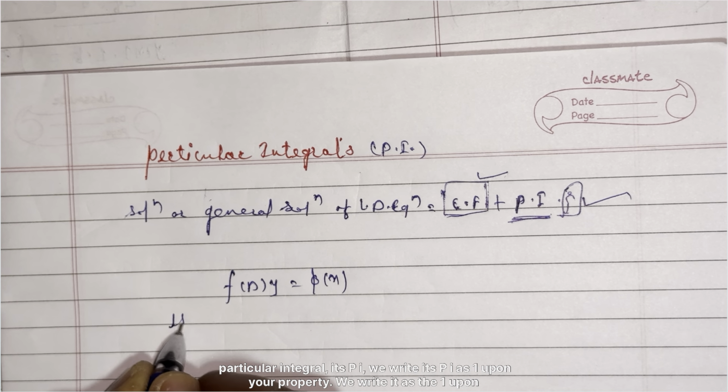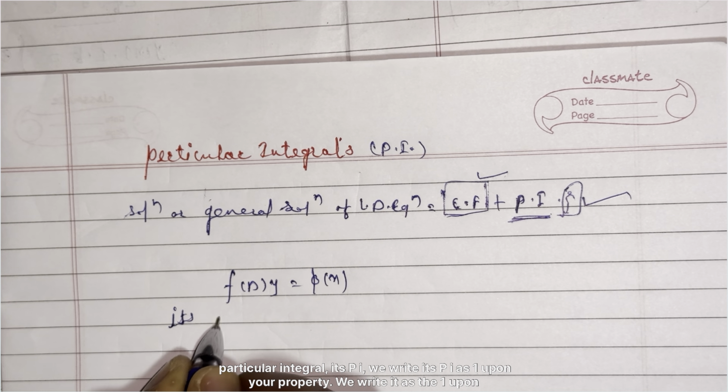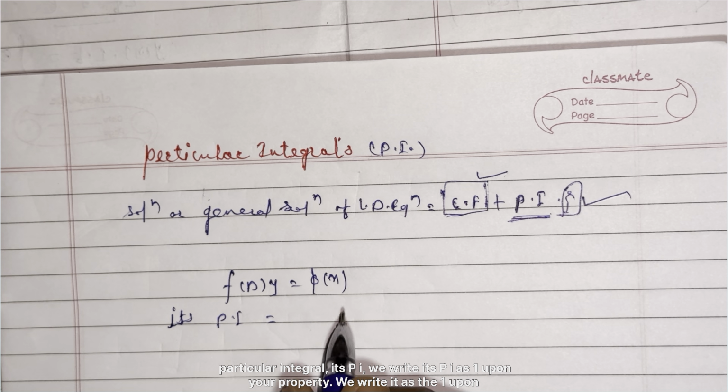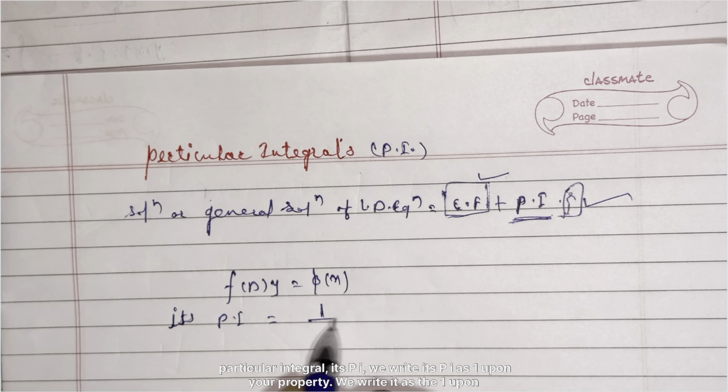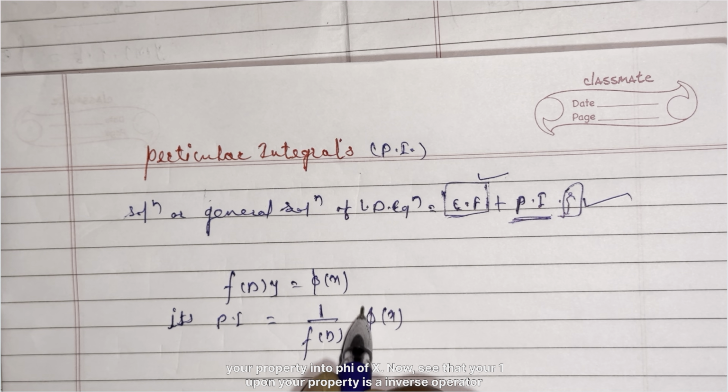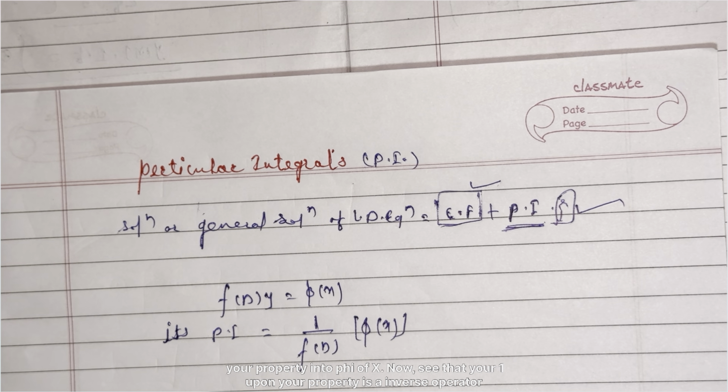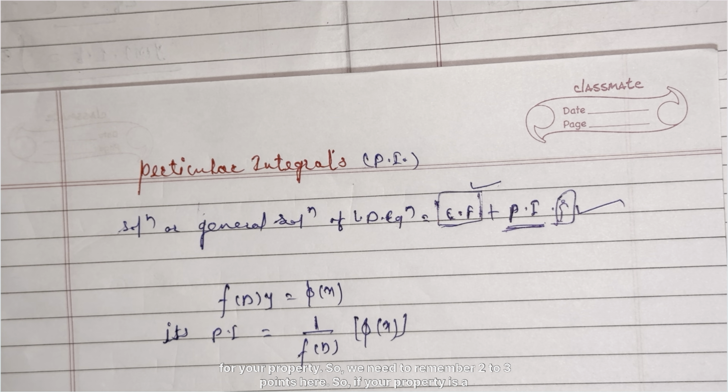We write its particular integral, PI, as 1 upon f(D) into phi(x). Now 1 upon f(D) is the inverse operator of f(D).